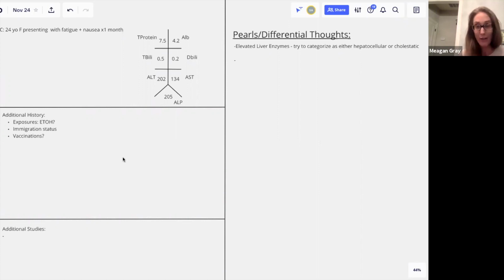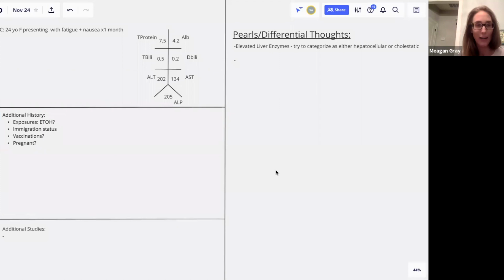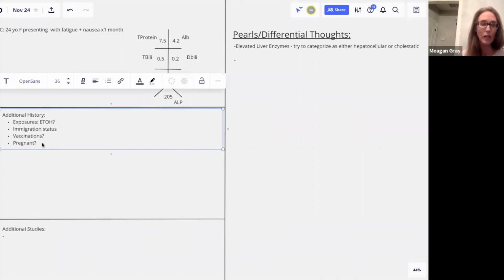I would also want to know if she's pregnant. Certainly we can see these types of liver enzyme elevations in pregnant patients, or if she is potentially pregnant. And then, besides autoimmune, some of the genetic disorders, right? So alpha-1 antitrypsin could do this potentially.